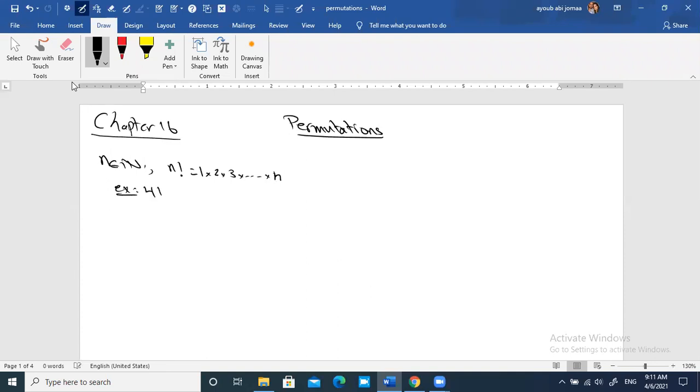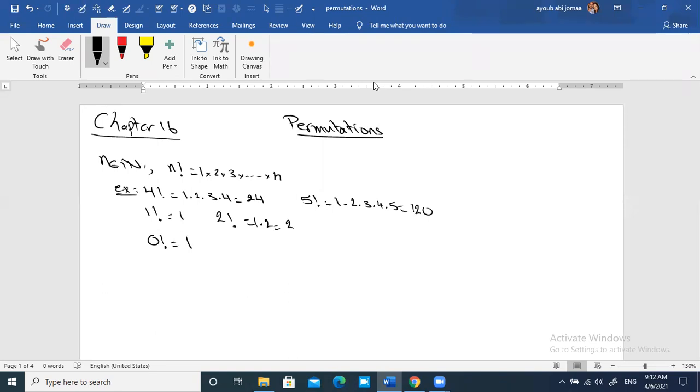For example, 4 factorial is 1 times 2 times 3 times 4, which is equal to 24. 5 factorial is 1 times 2 times 3 times 4 times 5, which is equal to 120. 1 factorial is only 1. 2 factorial is 1 times 2, which is 2. 0 factorial is equal to 1 and not 0.